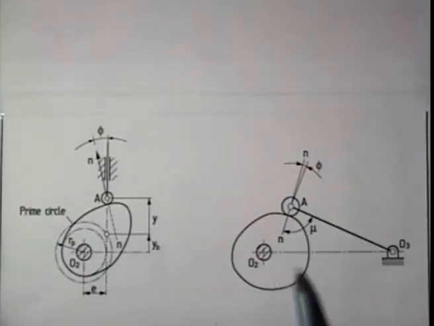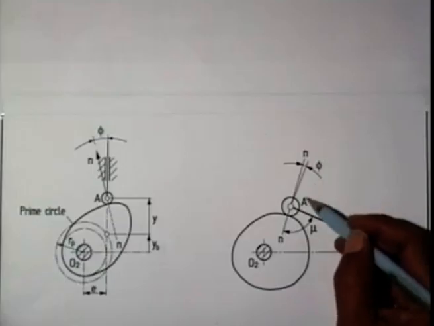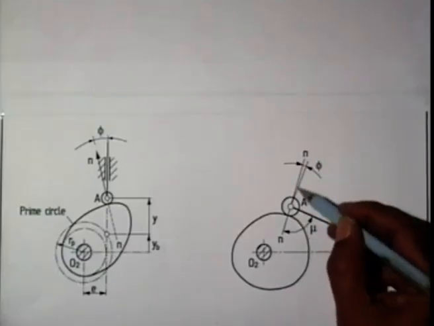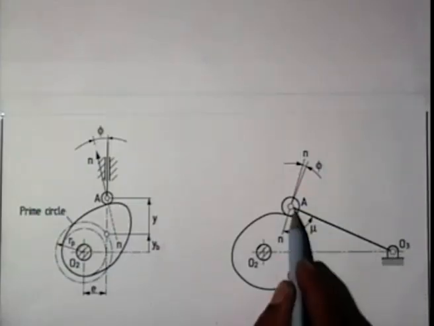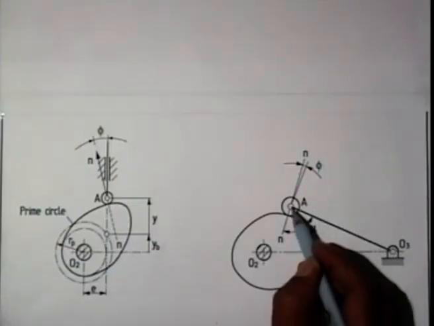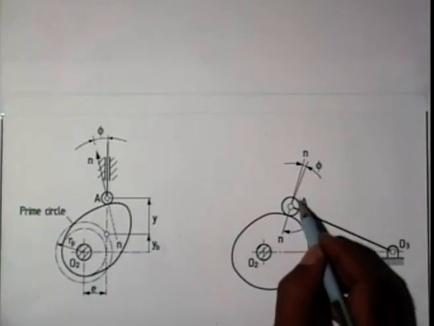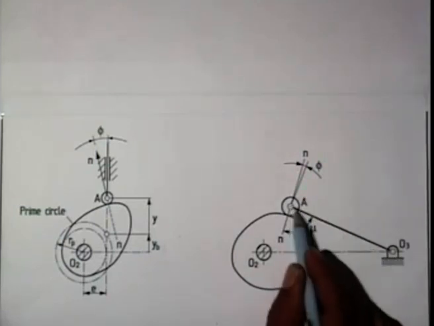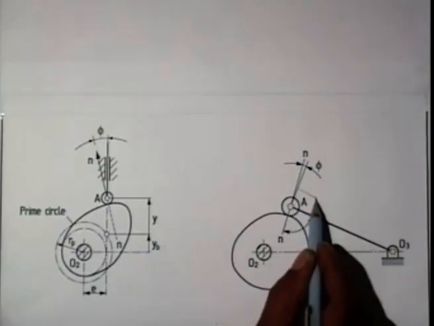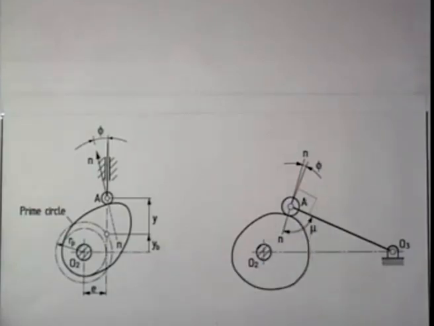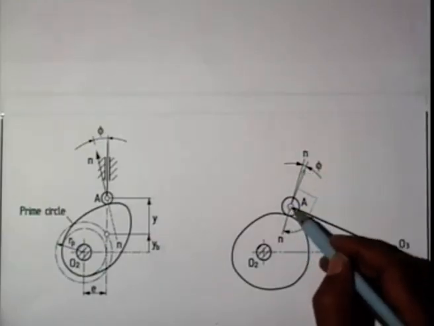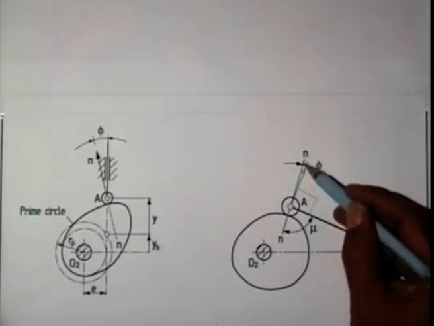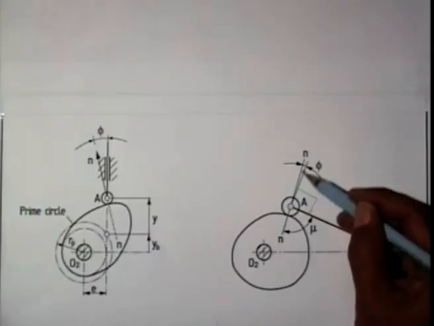Similarly, for the oscillating roller follower, let this be the common normal passing through the roller center, and the follower is hinged here, so the velocity of this point A is perpendicular to O3A, that is this angle is 90 degree. So this is the direction of the movement or velocity of the point A, and NN is the direction of the contact force.